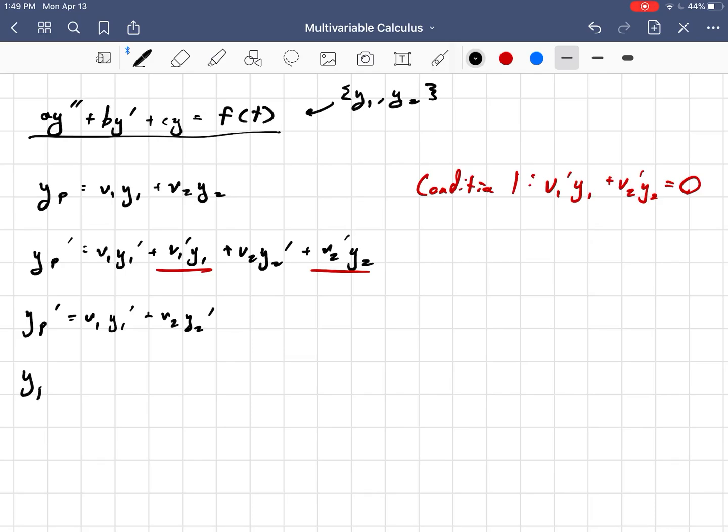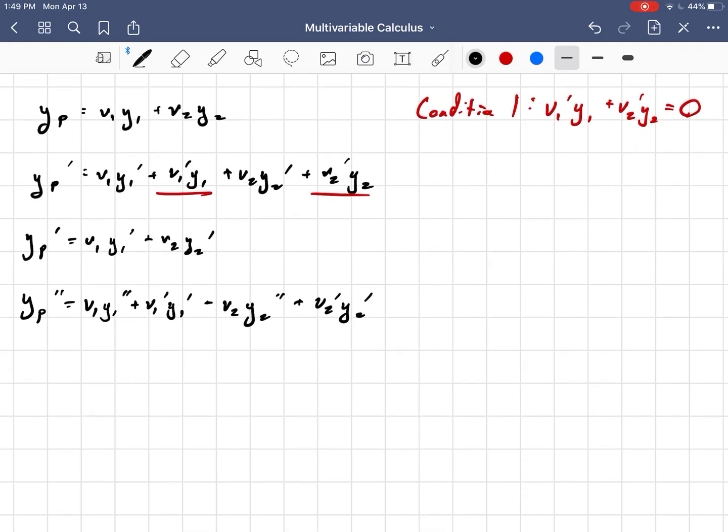So now y sub p prime is just v sub 1 y sub 1 prime plus v sub 2 y sub 2 prime. Now the second derivative is v sub 1 y sub 1 double prime plus v sub 1 prime y sub 1 prime plus v sub 2 y sub 2 double prime plus v sub 2 prime y sub 2 prime.